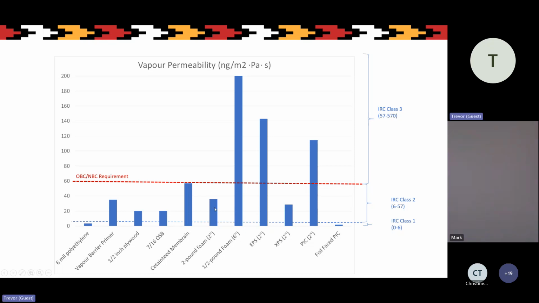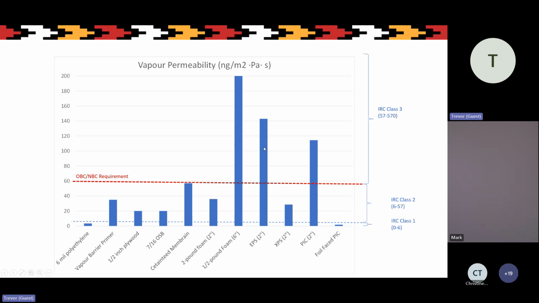Spray foam, typically 2-pound spray foam. So your high density spray foam at 2 inches of thickness is below the NBC requirement for it as a vapor barrier. 1/2-pound spray foam, however, the low density spray foam, is significantly higher vapor permeability and does not qualify as a vapor barrier.